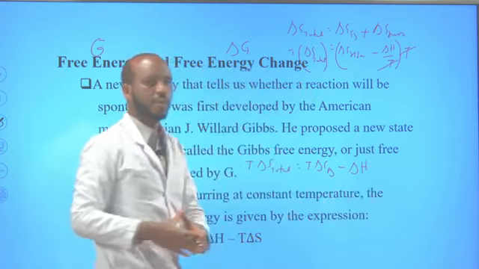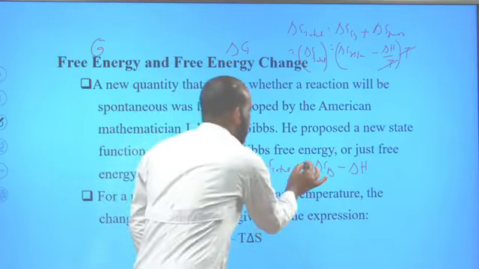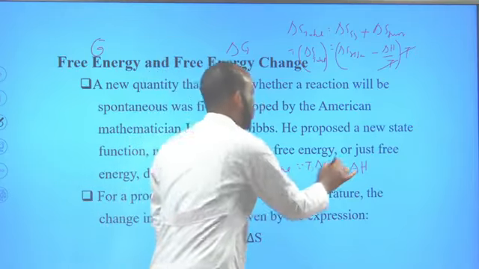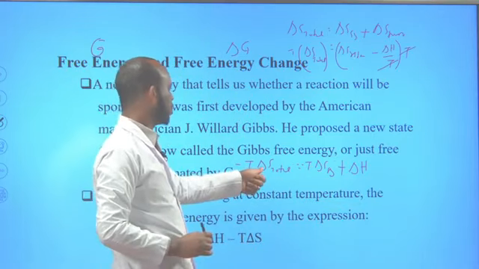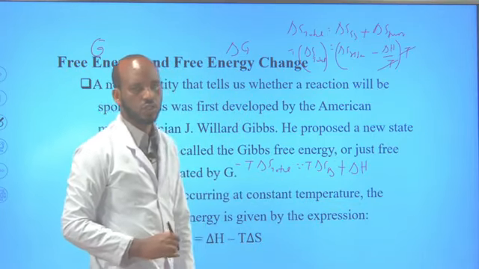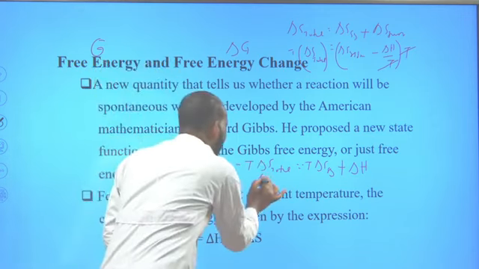Now multiply both sides by -1. Now this becomes minus T times delta S plus delta H. Minus T times the total entropy change is the Gibbs free energy change, denoted by the symbol delta G.